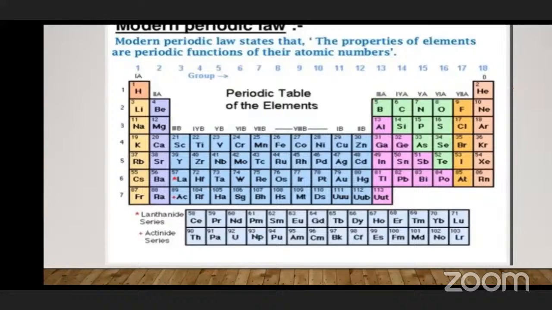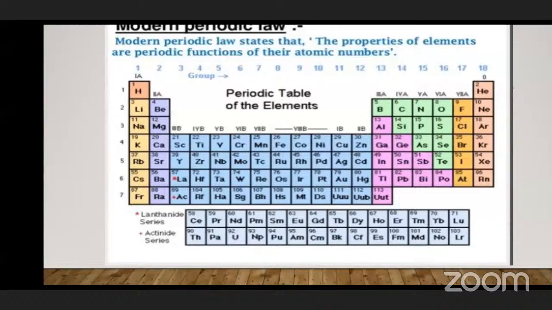That means the number of electrons increases in the same shell itself. So we can observe that down the group the number of shells increases, while across a period, in the same shell, the number of electrons increases. Now, second period, lithium.